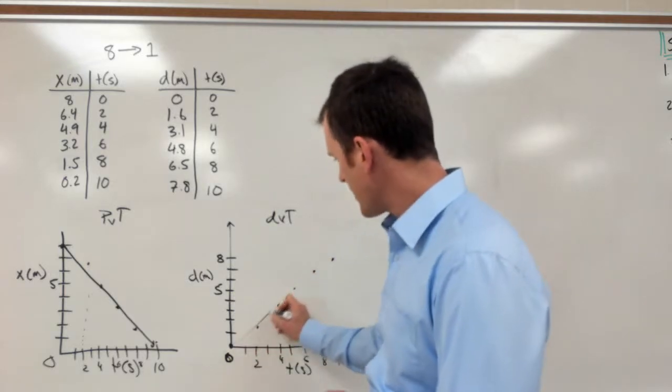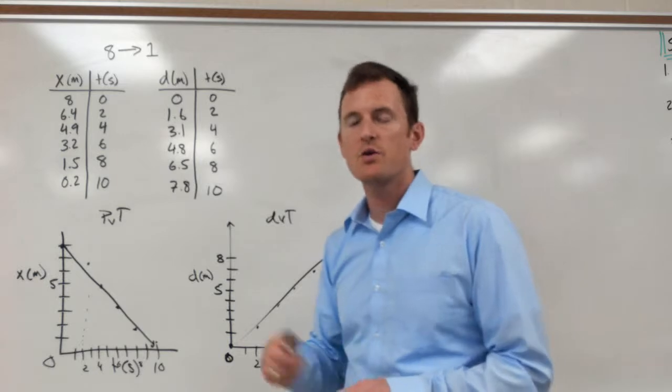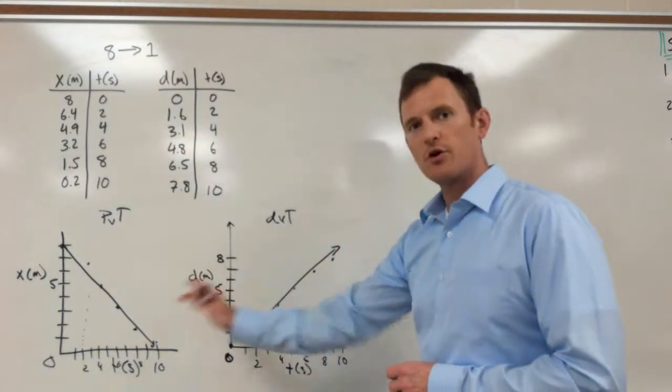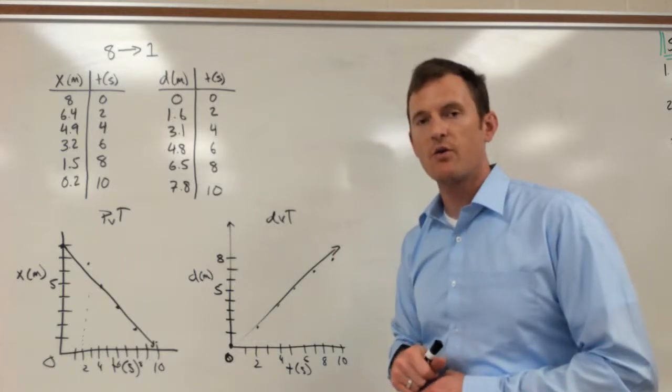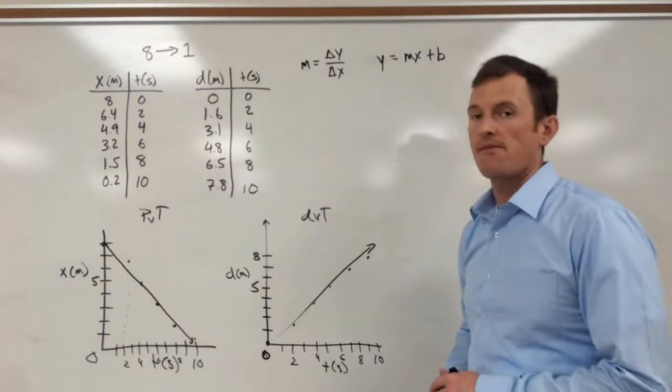And again, we will draw a best fit line, a line that does the best job we can to incorporate all of those data points. So now I'm going to erase all this, and I'm going to show you how we can analyze our data.